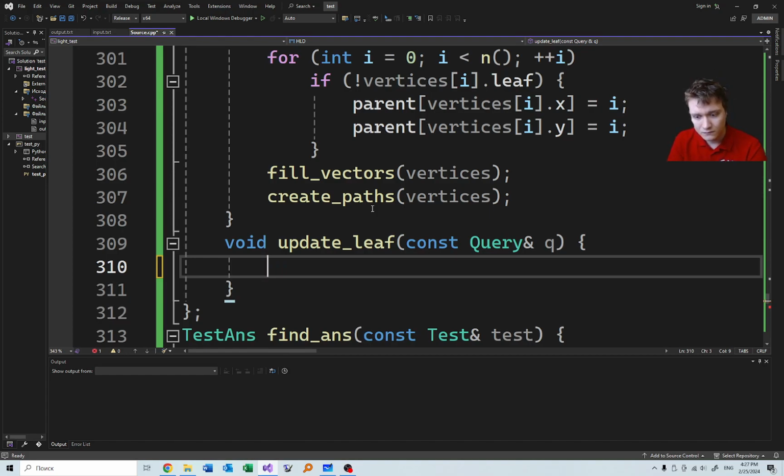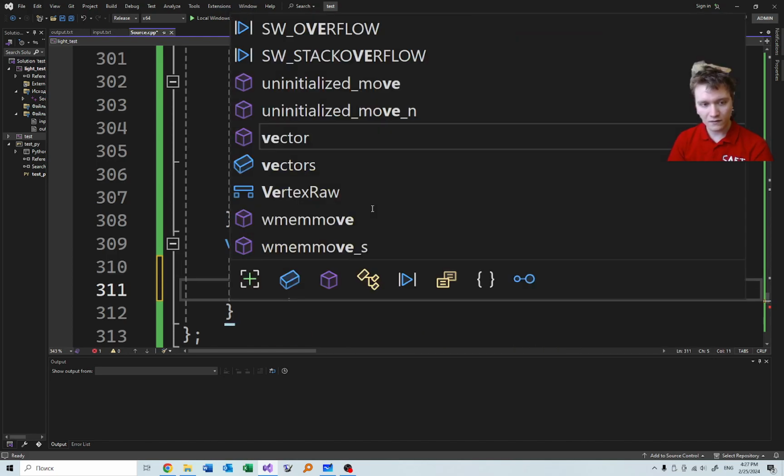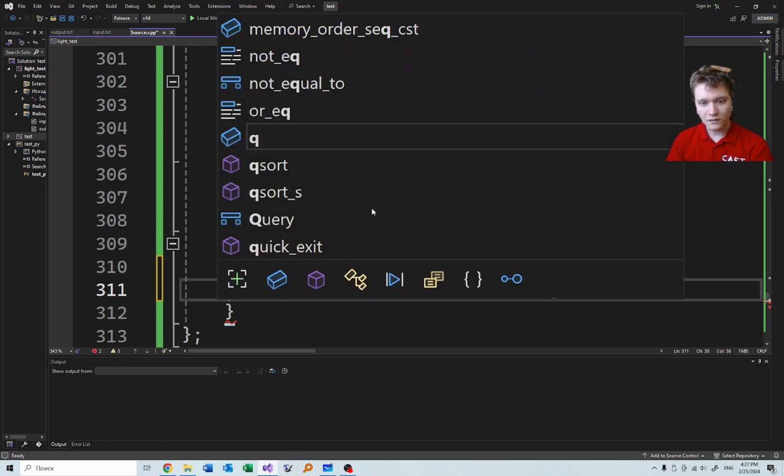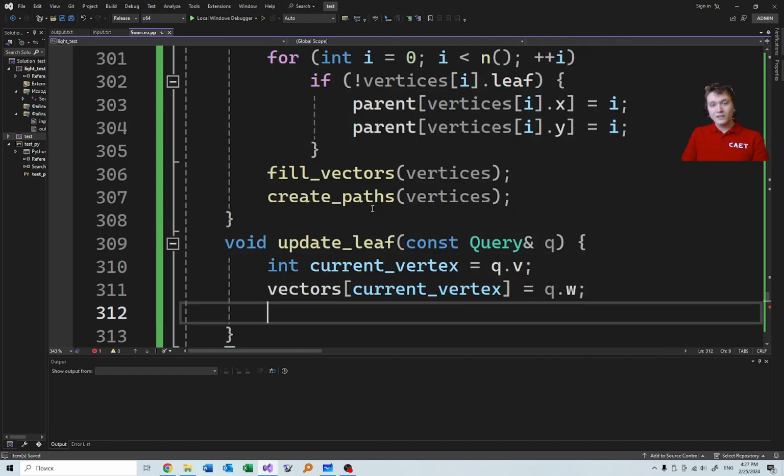Okay, let's go. Okay, int current vertex equals q.v. Then we say that vectors of current vertex is q.w. Okay, if only that would be enough, we would be happy, but no.